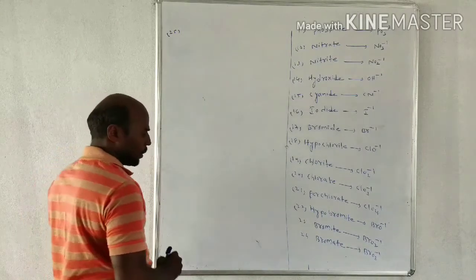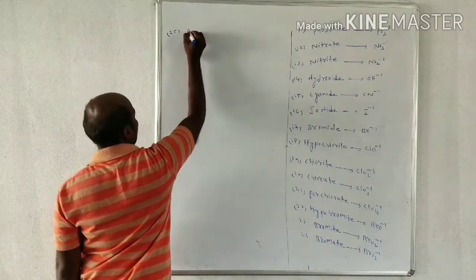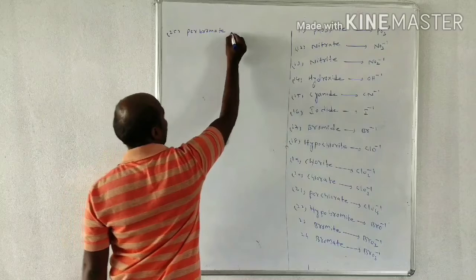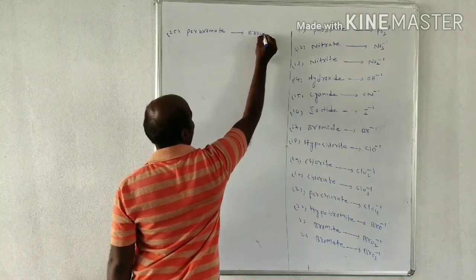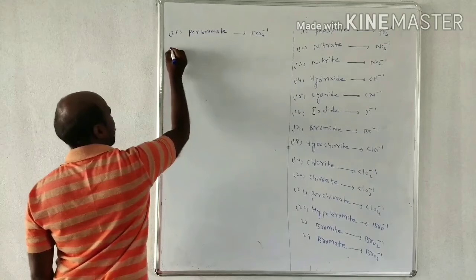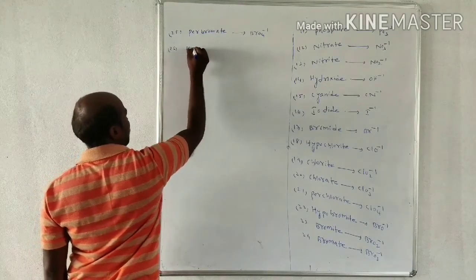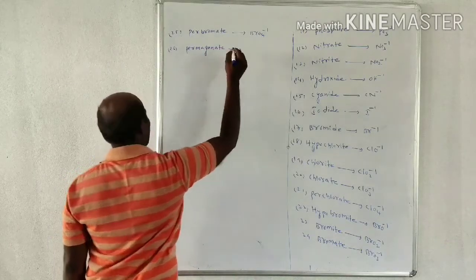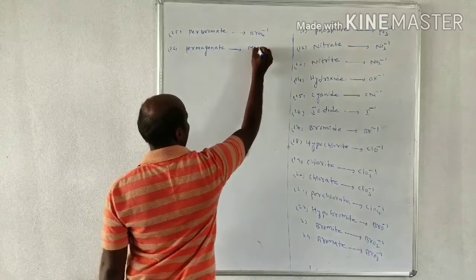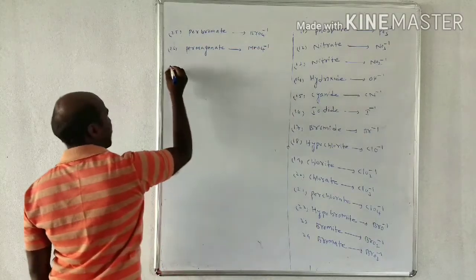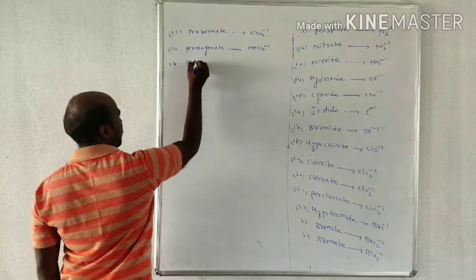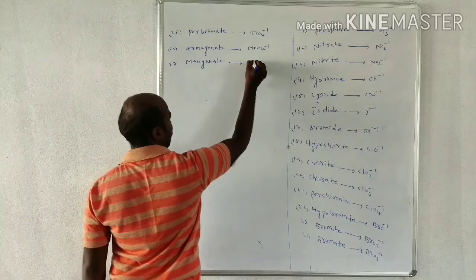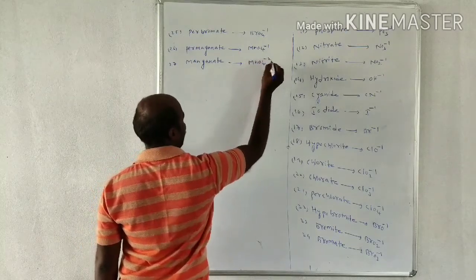Perbromate, BrO4 minus 1. Permanganate, MnO4 minus 1. Manganate, MnO4 minus 2.